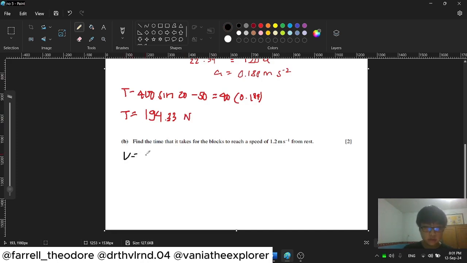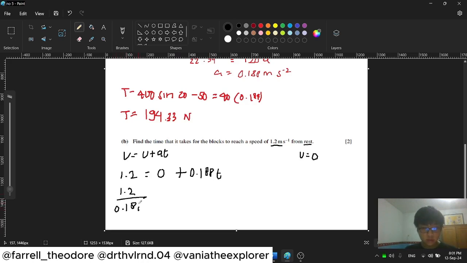V is equal to U plus at. Since we now know the acceleration, we can use this formula to reach a speed of 1.2 from rest, which means the u is equal to 0. So v is 1.2 equal to 0 plus 0.188 t, which makes it 1.2 divided by 0.188 equals t.